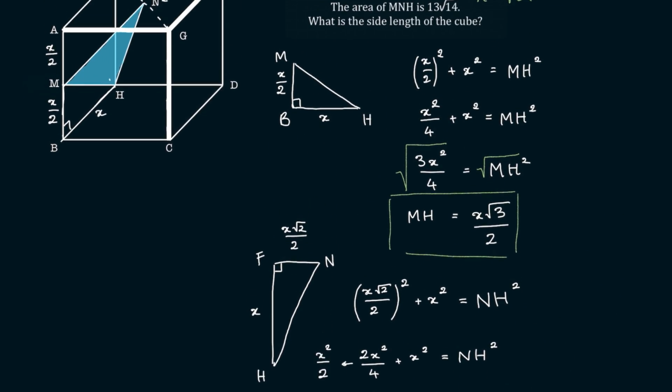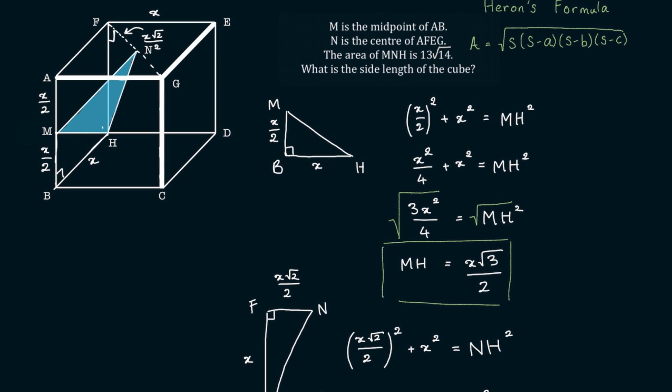Alright, now let's go back to the last side. And that side is going to be MH. Once again, let's construct a right triangle. We already have AM, which is x over 2. And now we're going to draw in this half diagonal again.